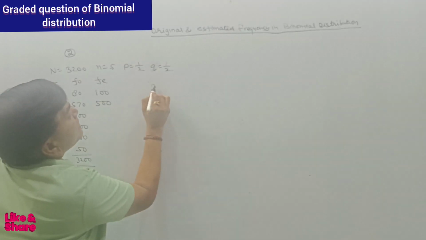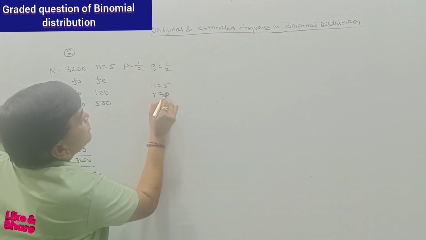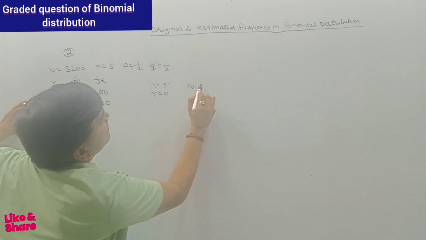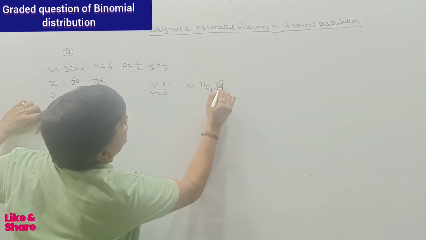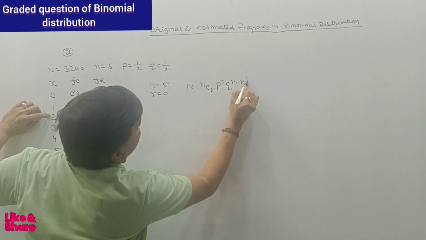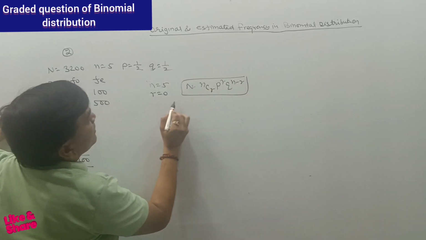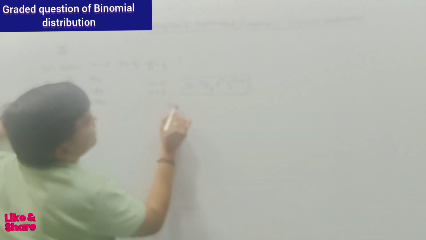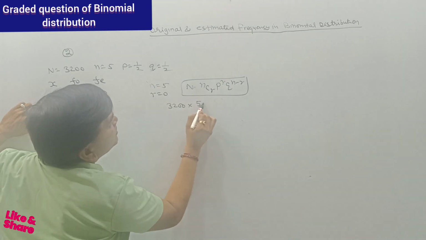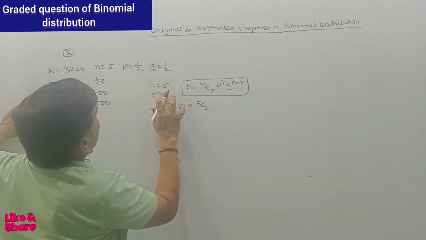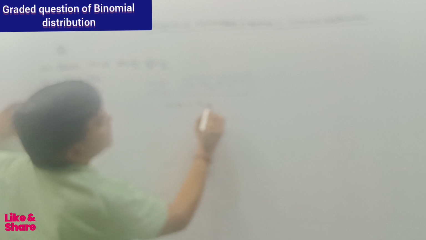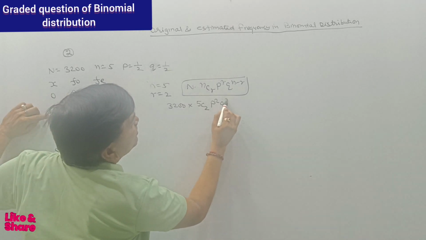So n is 5, r is 2. So capital N, small nCr, p raised to power r, q raised to power n minus r. This is the formula. So here capital N is 3200, 5C2, p raised to power 2, q raised to power 3.